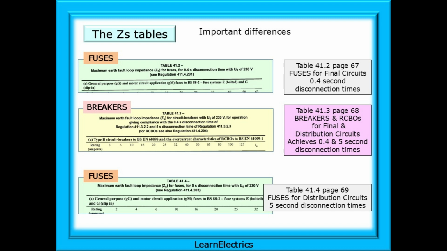Table 41.3 on page 68 is for breakers and RCBOs for final and distribution circuits, as these devices will achieve both 0.4 and 5 second disconnection times. And then there is table 41.4, page 69, for fuses for distribution circuits with a 5 second disconnection time.